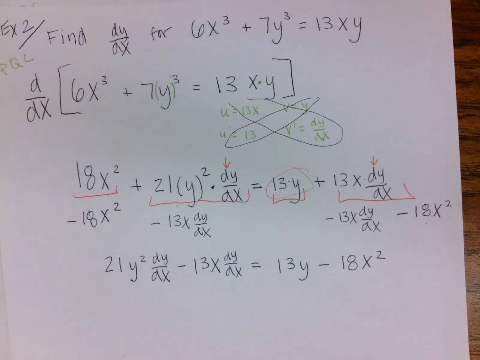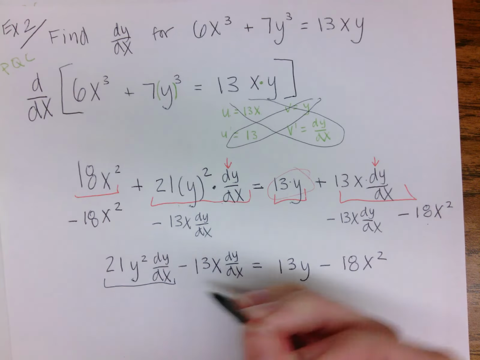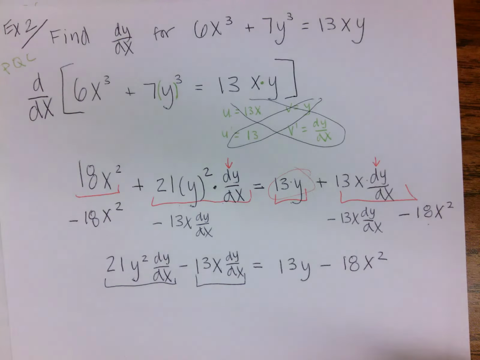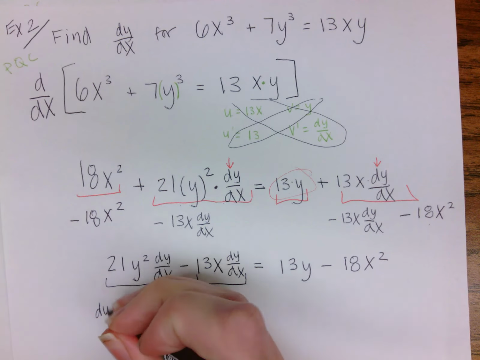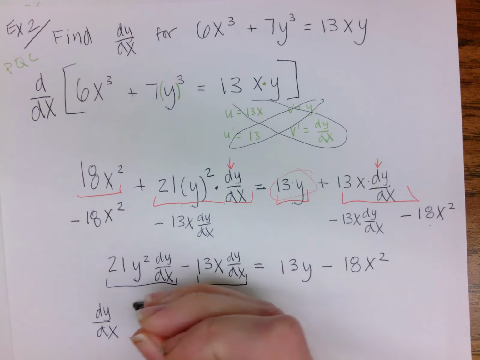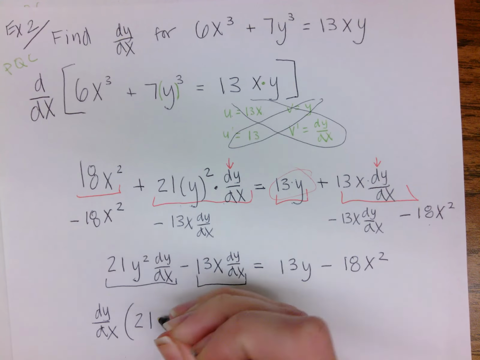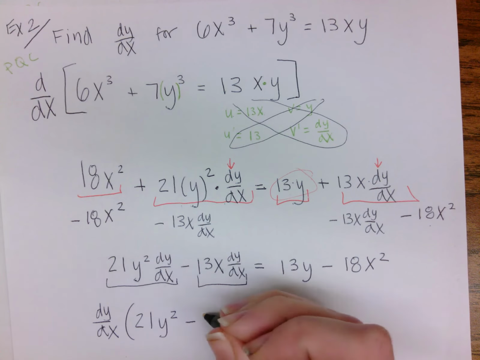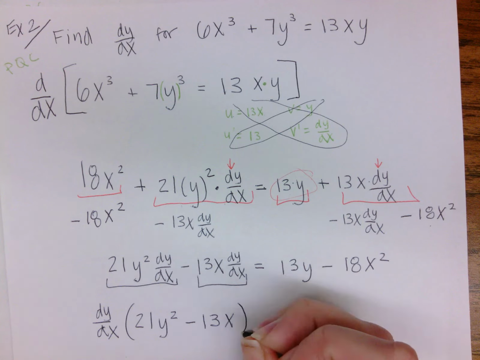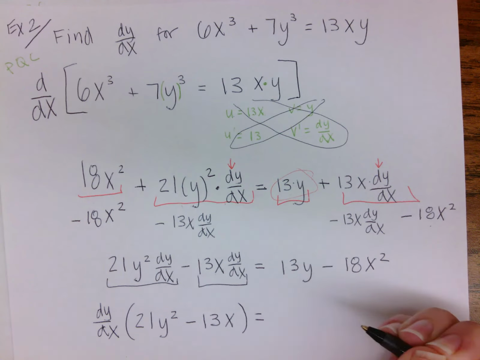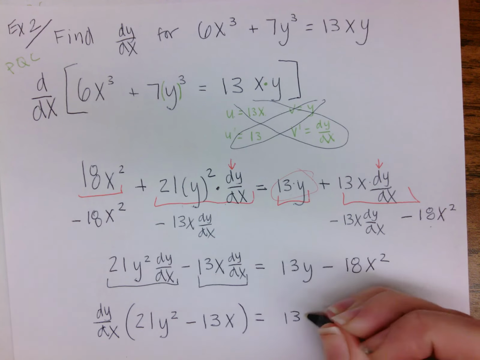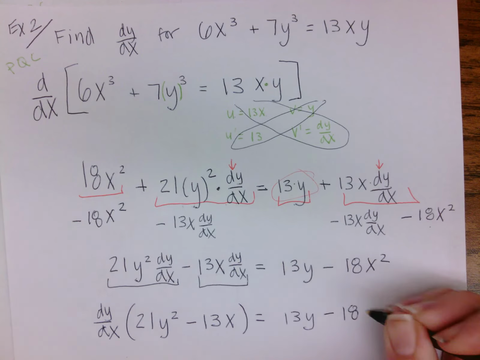All my dy/dx's are to the left. I'm now going to factor out dy/dx. dy/dx times 21y squared minus 13x equals 13y minus 18x squared.